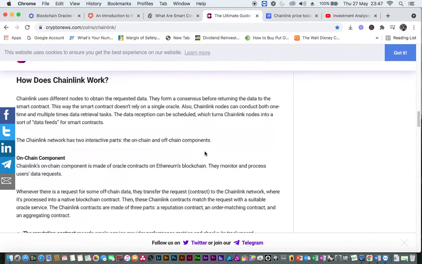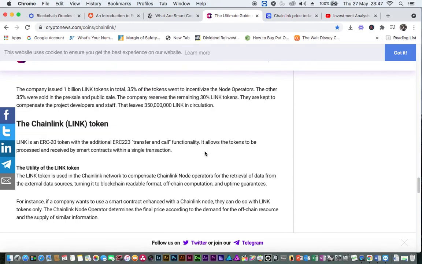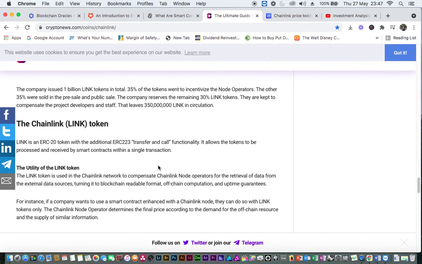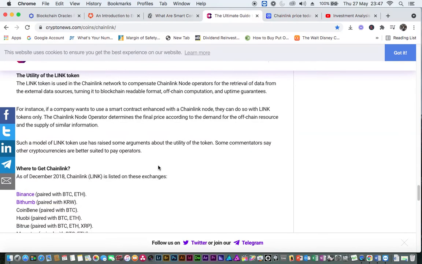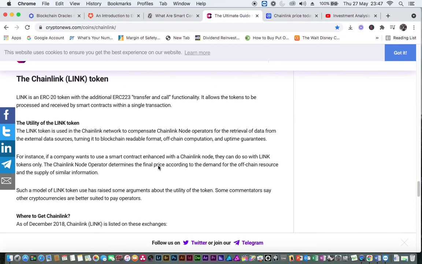You see, the company issues 1 billion LINK tokens. In total, 35% of the tokens went to incentivize the node operators, whereas 35% were sold in pre-sales and public sale.